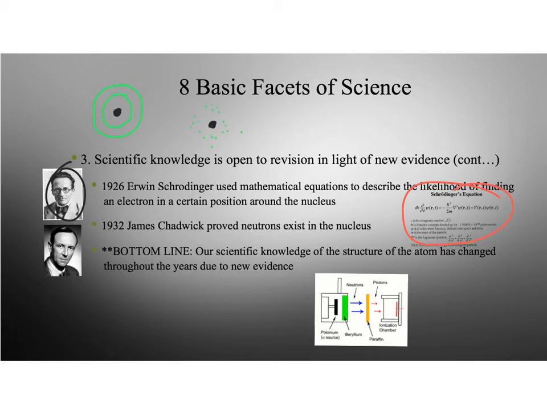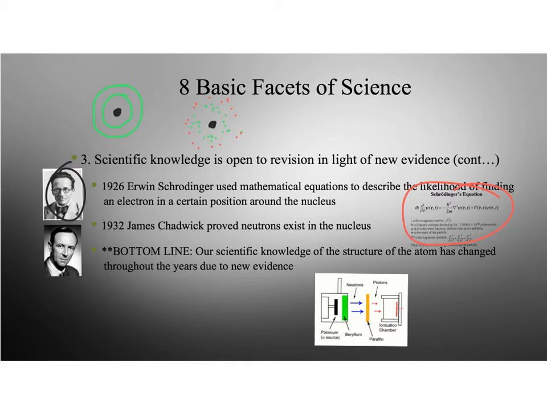Okay, so he kind of develops these clouds of where the electrons would be around the nucleus. And we'll see later in this year how that develops into the quantum mechanical model of atomic theory.